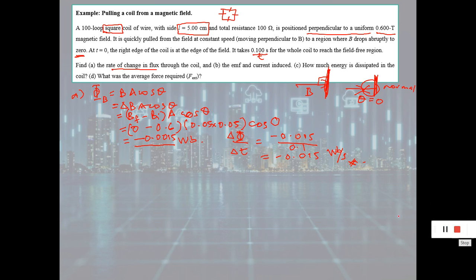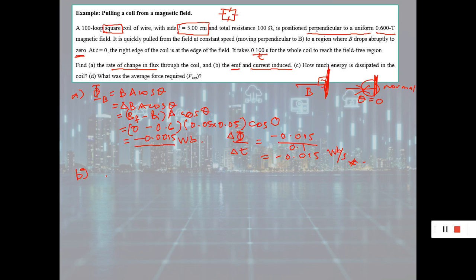Okay, so for B, the EMF and current induced. Let us do this one. For B, the question asks you to find the EMF and current induced.